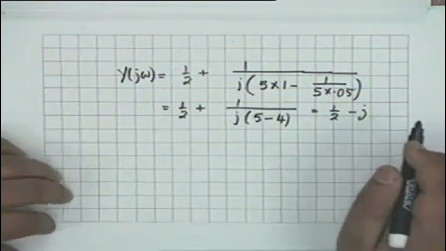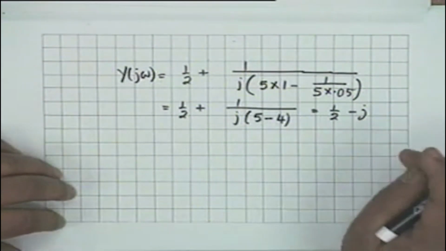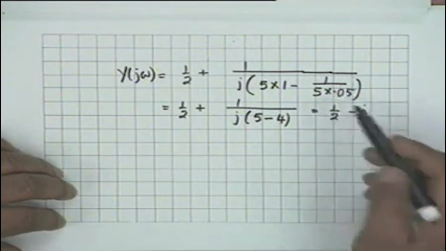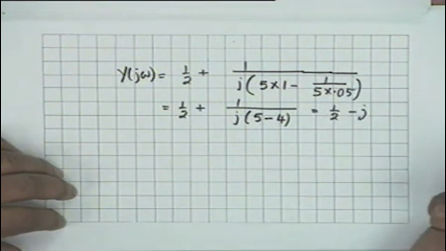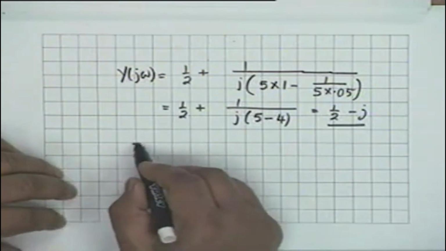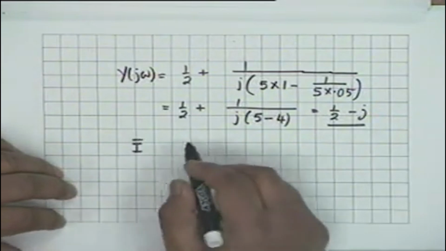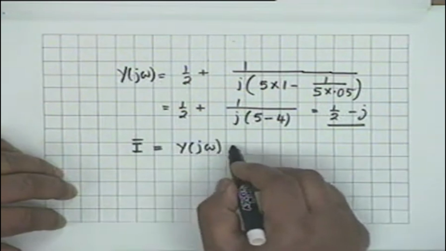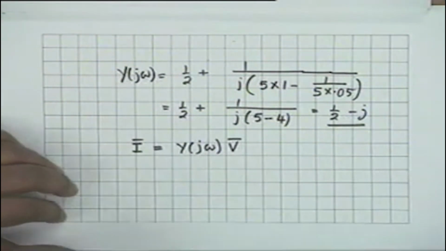5 times 0.05 is 0.25. 1 by 0.25 is 4. So this is the admittance. Then what is this current phasor I? This would be the admittance Y of j omega multiplied by the voltage phasor V. The current phasor is admittance multiplied by the voltage phasor.